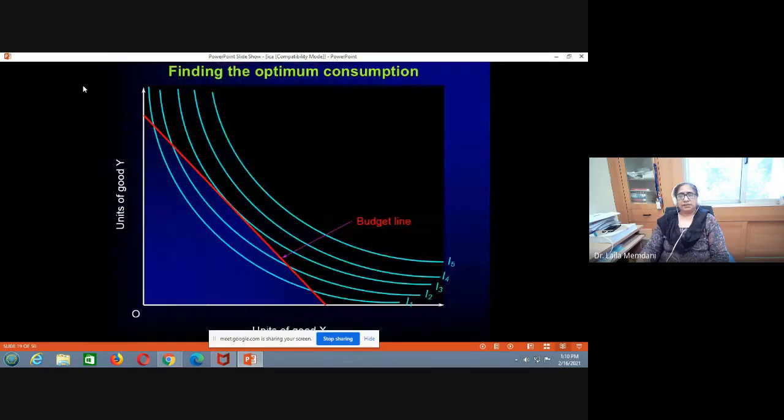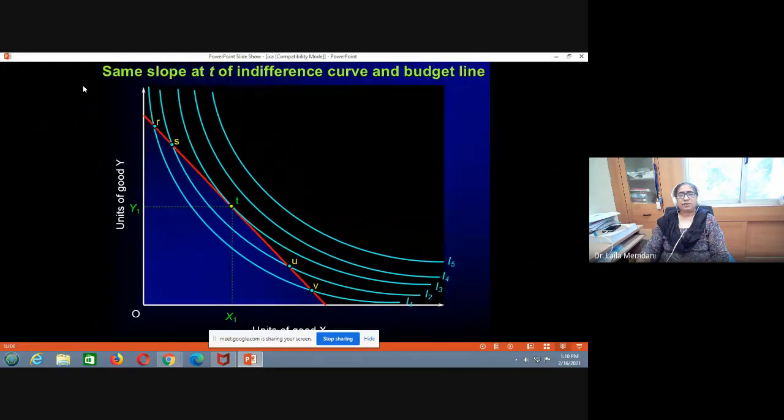So we have the indifference map, and what we do is we superimpose the budget line on the indifference map. Now the point where the budget line is tangent to the indifference curve is the consumer's equilibrium. We have point T over here where the indifference curve is tangent to the budget line.